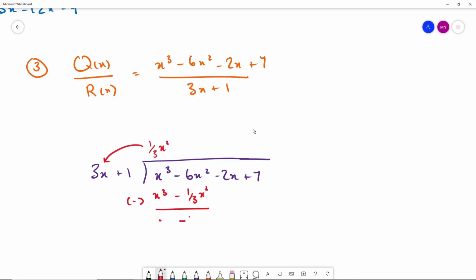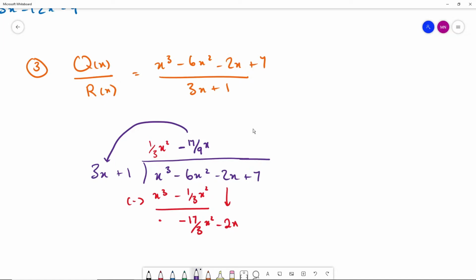So our consequence is negative 17 over 3 x squared. Then we bring down the negative 2x. Then we need to solve for negative 17 over 3 x squared. In order to eliminate that term, we multiply negative 17 over 9x with this 3x.